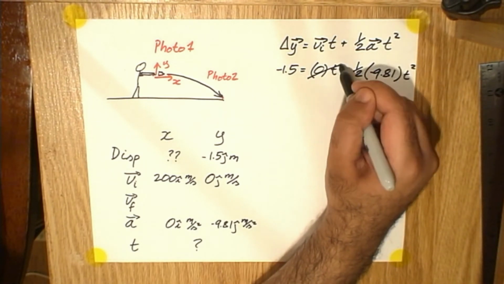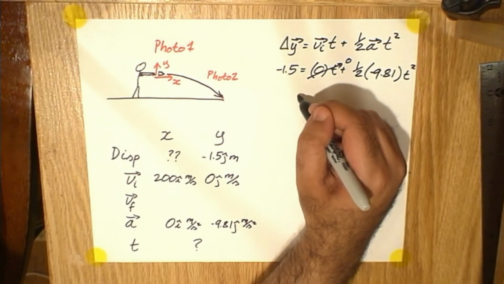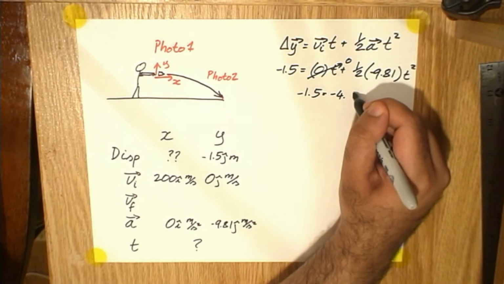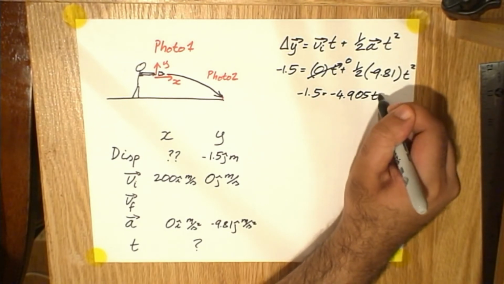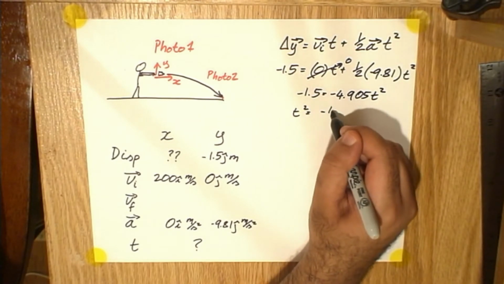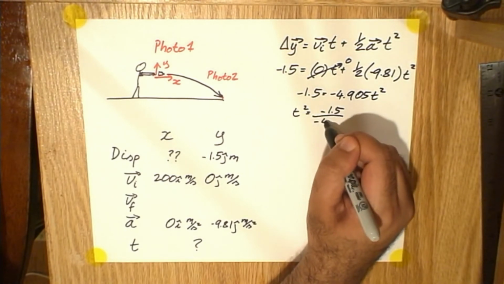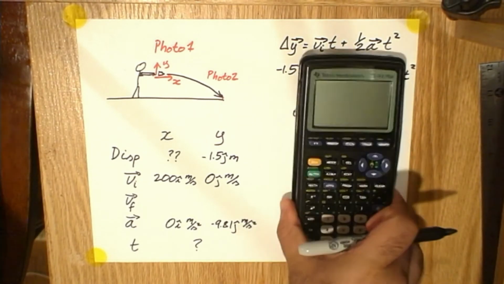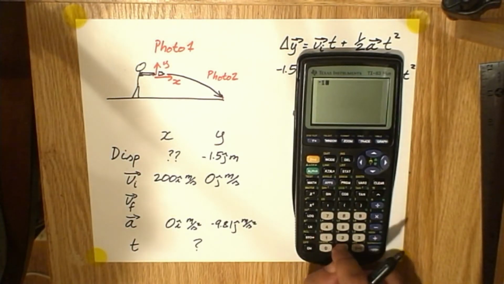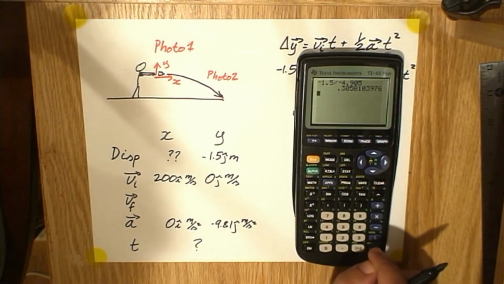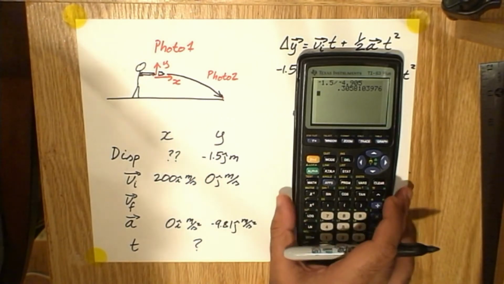0 times t is going to cancel out. So we are left with negative 1.5 is equal to half of negative 9.81, which is negative 4.905, times t squared. So that gives us t squared is equal to negative 1.5 over negative 4.905, which is going to work out to 0.306.